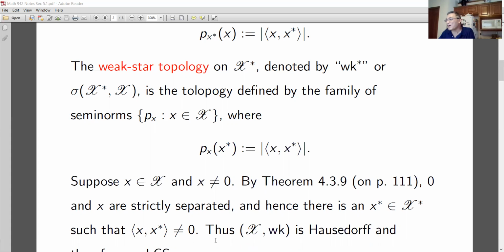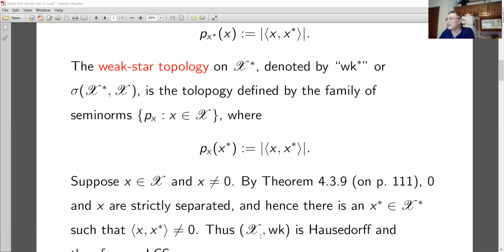Thus, this means that the absolute value of this is a seminorm which separates x from 0.